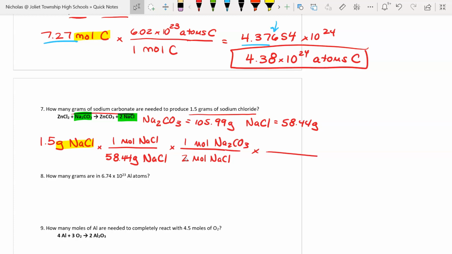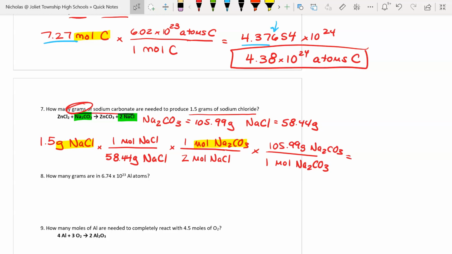Okay, and then if you look here, we are in moles of sodium carbonate. So those moles are going to need to go down in the bottom. So for every 1 mole of sodium carbonate, to go back to grams, because that's what the question's asking for, we need our molar mass. We already calculated this earlier. It's 105.99 grams.